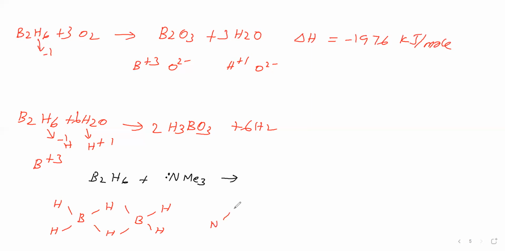Trimethylamine structure we are writing. Now this nitrogen is donating a lone pair to this boron. Therefore, this bond pair is shifting here. So what we will get, we will see here.